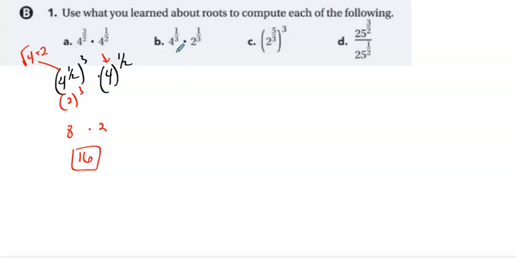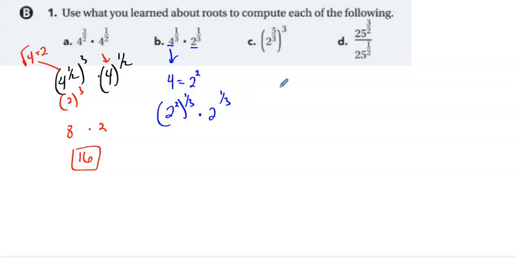All right, 4 to the 1/3 power might be a little challenging, because here's 4 and here's 2. So here's a case where we don't have the same bases, and most of the time I have been giving you the same bases. So 4 and 2 are related to each other because 4 can be rewritten in the form of 2. So 4 is also equal to 2 squared. So I can rewrite this as 2 squared to the 1/3 power times 2 to the 1/3 power if you want to.